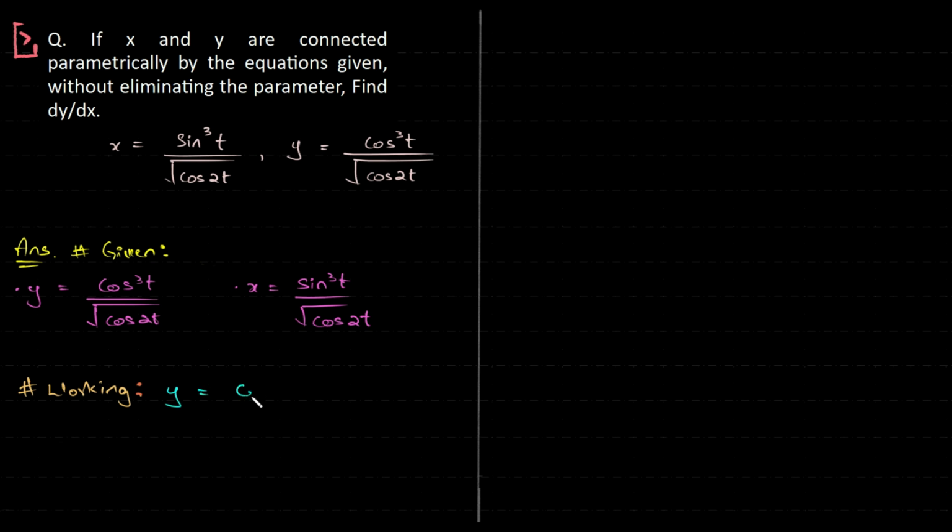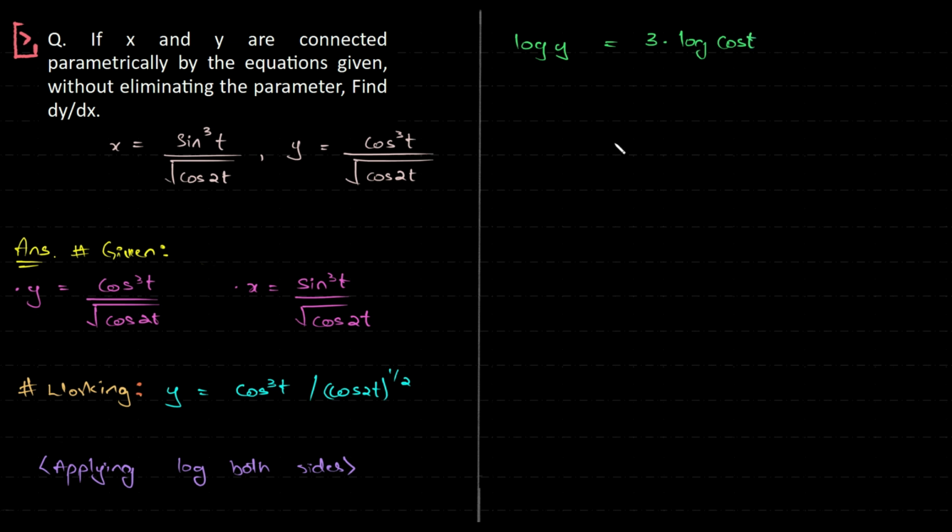So y is equal to cos cube t by root of cos 2t, which I'll write as cos 2t whole to the power of half. This helps. Now applying log both sides, we have log of y is equal to 3 times log of cos t.